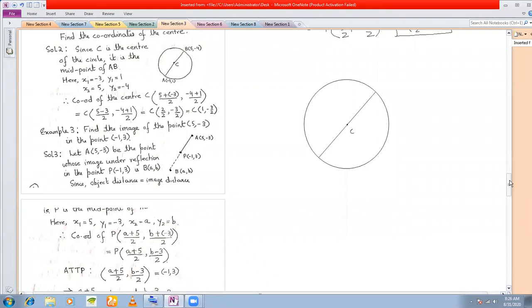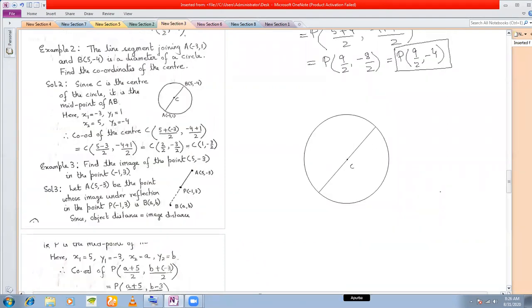The question that is given here is the line segment AB is the diameter of a circle. So let us take this point as A (-3, 1). And the point B here is the other end of the diameter, B (5, -4). And the question is find the coordinates of the center.